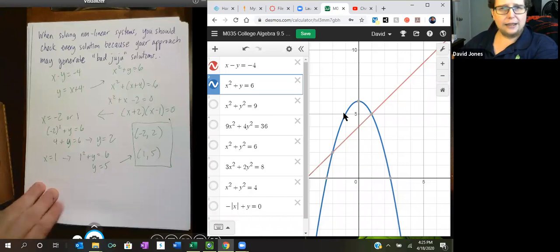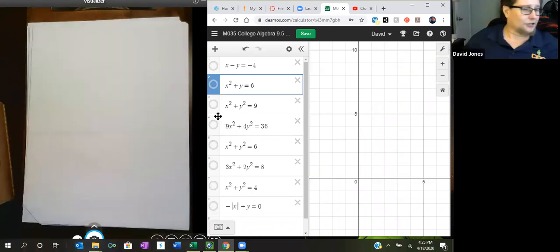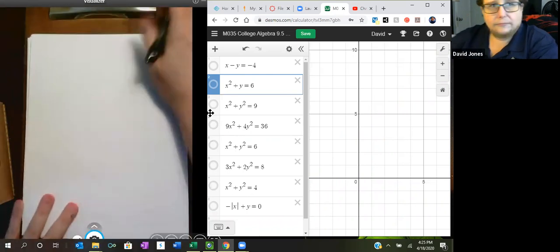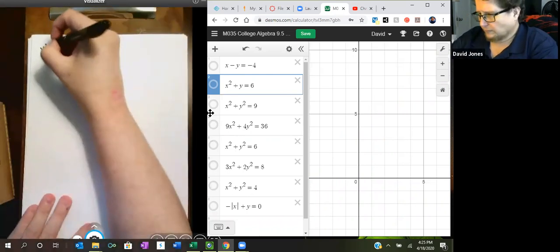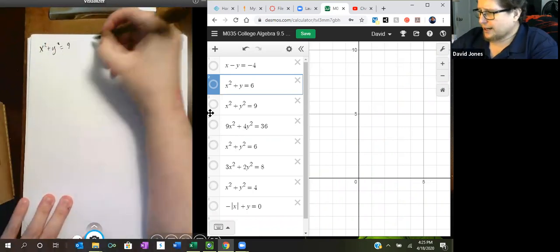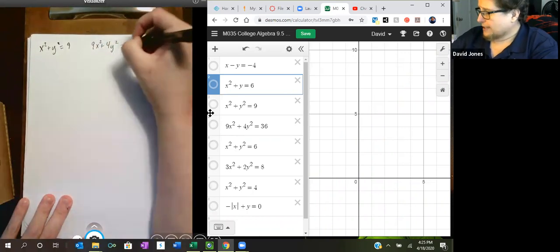Let's take a look at another one. The next two we're going to look at are on the screen in the Desmos section. X squared plus y squared equals 9. And we'll use 9x squared plus 4y squared equals 36.